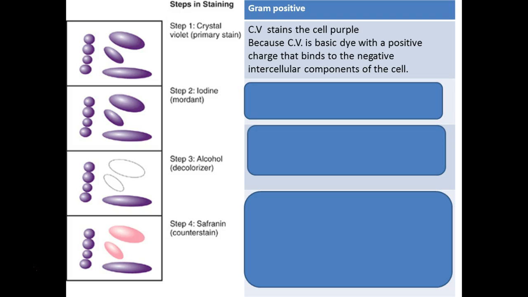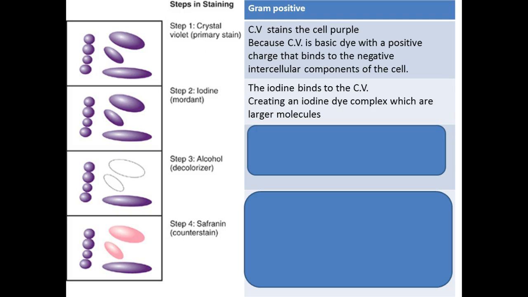It actually creates a complex. So it's not just crystal violet by itself, it's now crystal violet and iodine stuck together to form what we call a crystal violet-iodine complex, the dye being the crystal violet. The important take-home here is that this is a larger molecule now. It isn't just crystal violet, it's crystal violet and iodine. It's bigger.